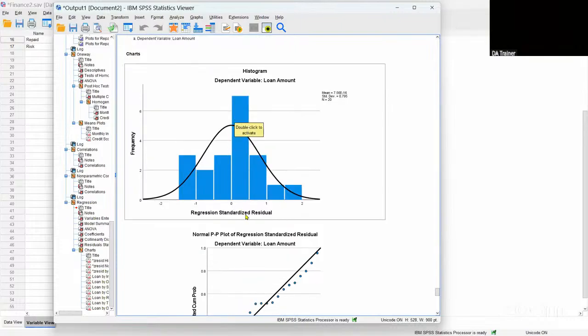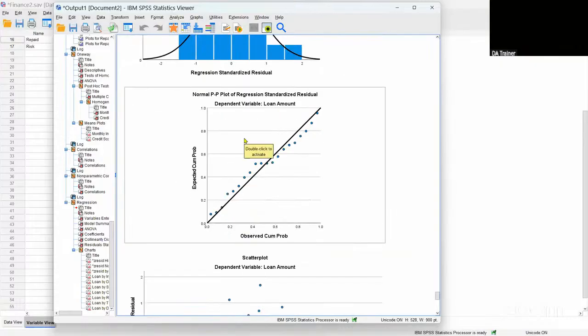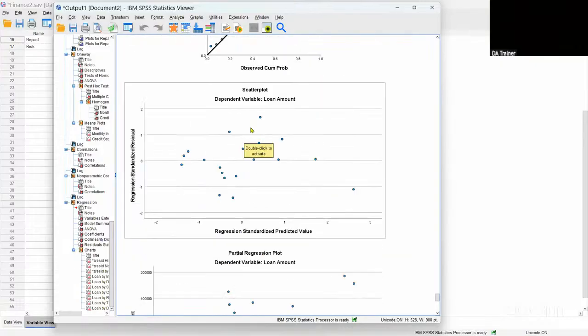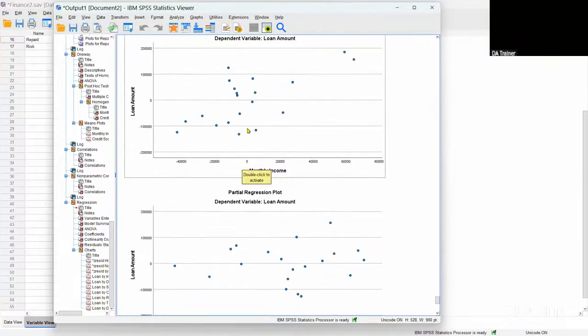Regression standardized residuals is what you can see. These are the plots. After these are scatter plots.